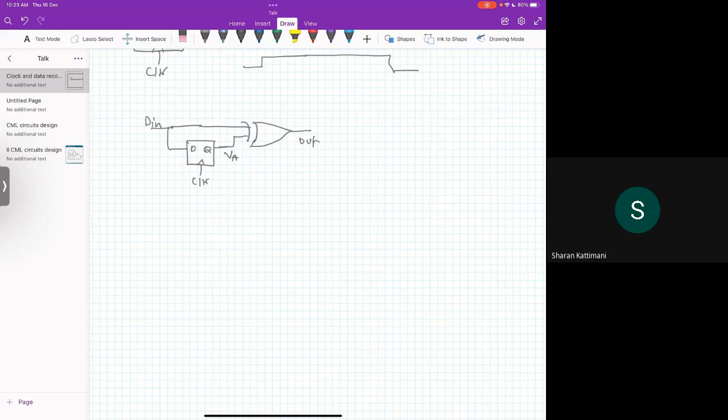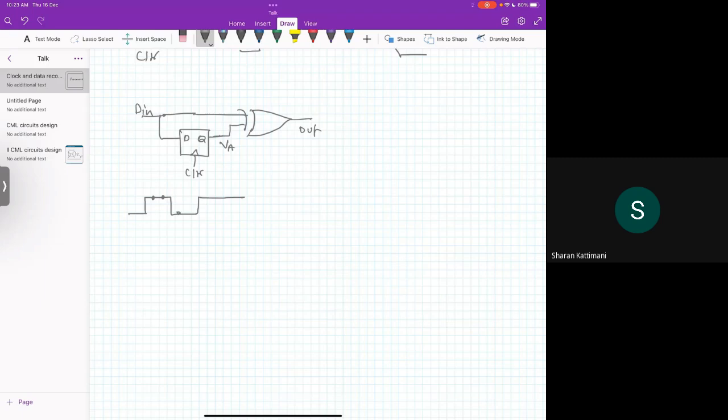Or we can use a simple waveform, and the clock edges will be at these points. I mention it here itself so that there will be no confusion.